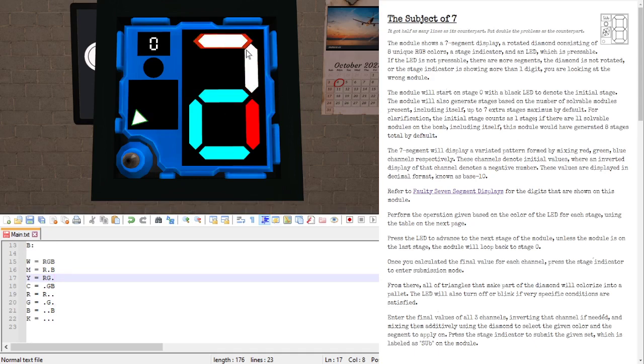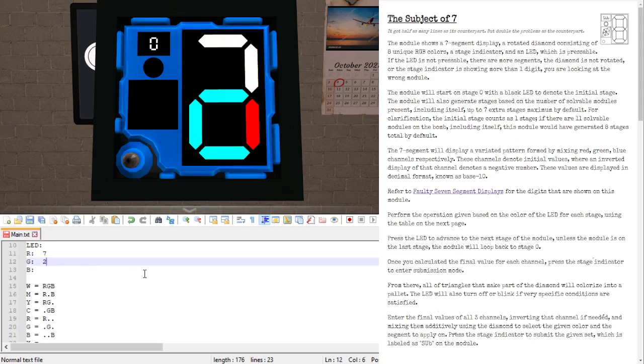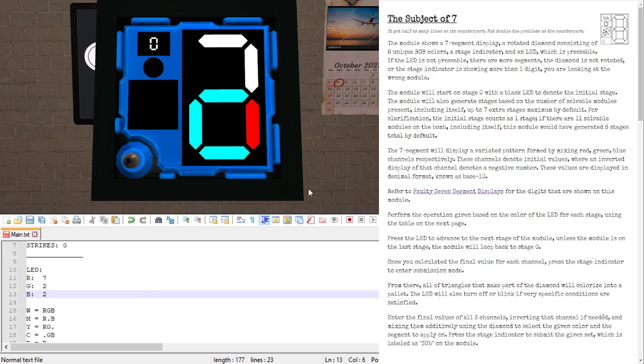However, from these we have only these two, so it's a 2 again. So the digit 2. We're quite lucky in this stage, because it was quite easy. However, something else can happen in this module, which is very important to know before I press the next stage, before you actually start calculating.